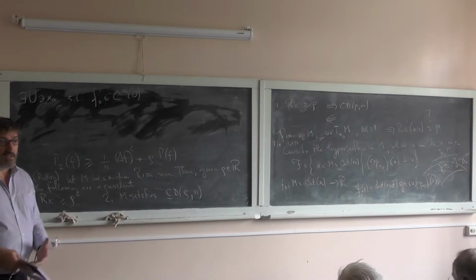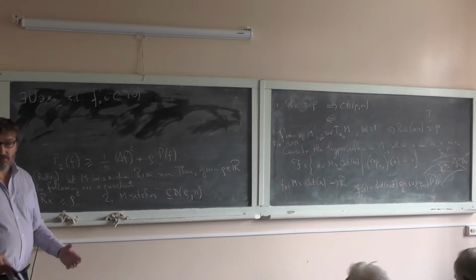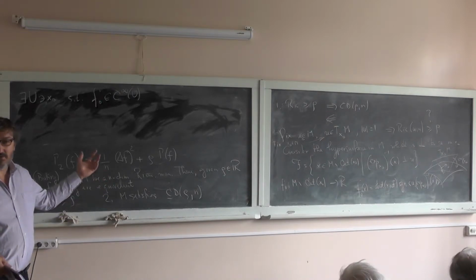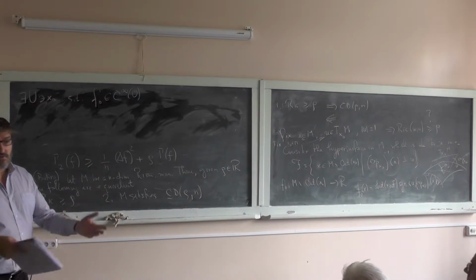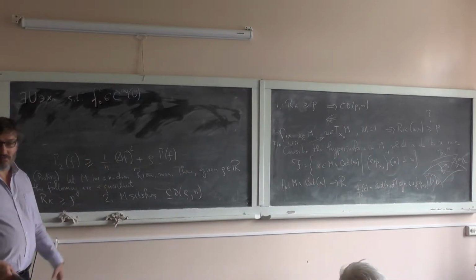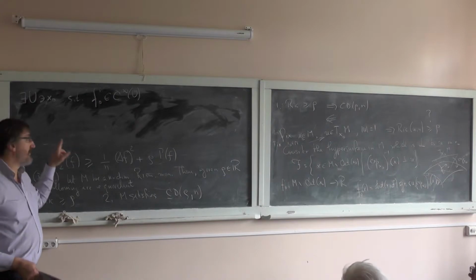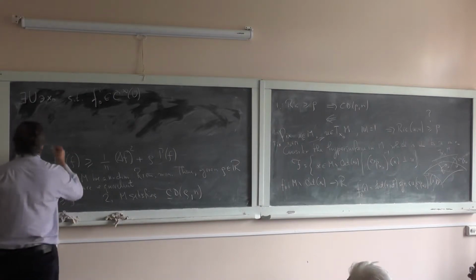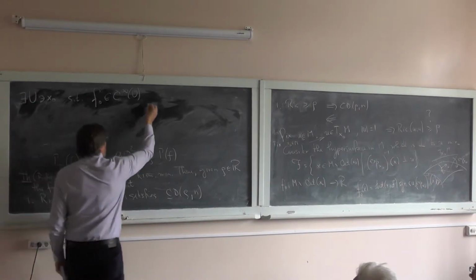However, I can use a standard argument with a cutoff function to extend this function f0 to a function which is smooth on the whole manifold and which has at x0 the properties that I'm going to state now.